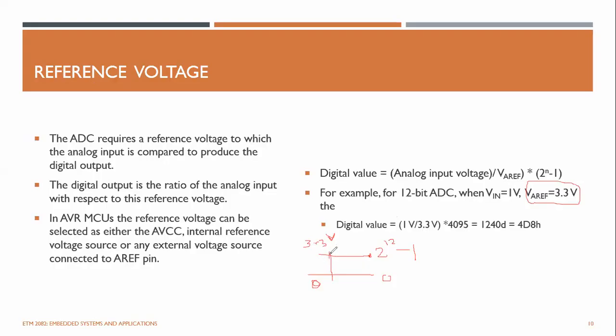So the 3.3 will be split into these kinds of small segments. The maximum value is this one and the lowest value is this one. Okay. So if you have any voltage between 0 and 3.3, for example 1 volt, you will have a value represented for that. It's proportional, right? So this is the equation that you need to remember when you do these calculations.